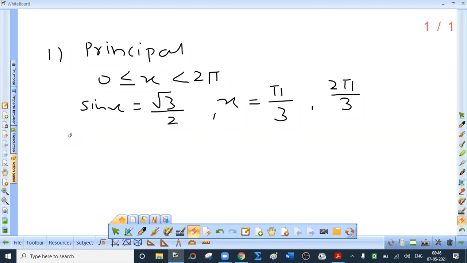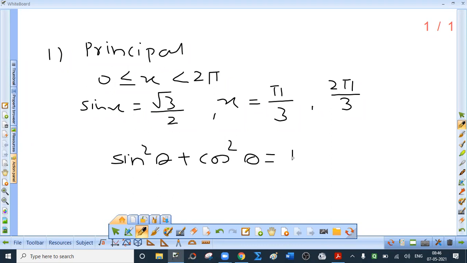Now you have to tell me whether number of principal solutions is finite or not. The answer is not necessarily. Why? Because if I say that sine square theta plus cos square theta equal to 1, what can we say about this? See, here number of principal solutions is infinite.